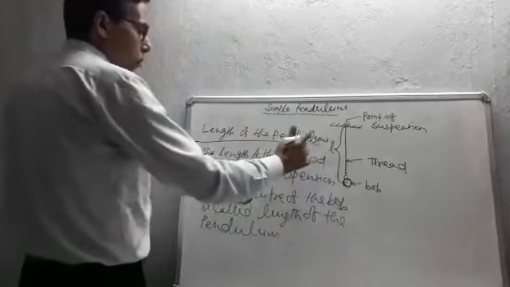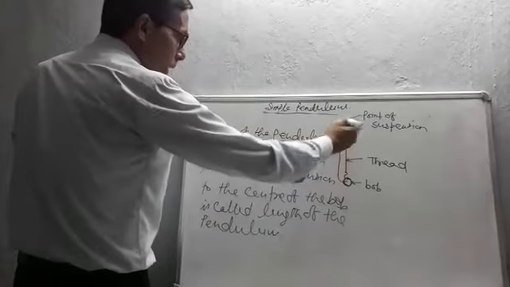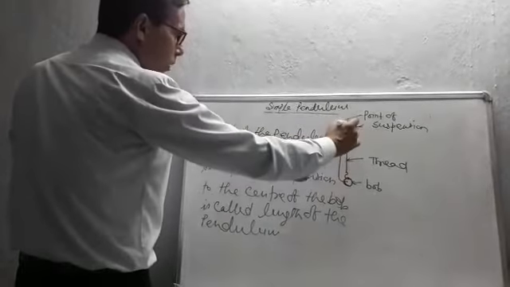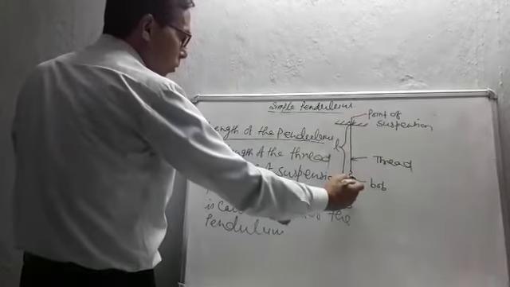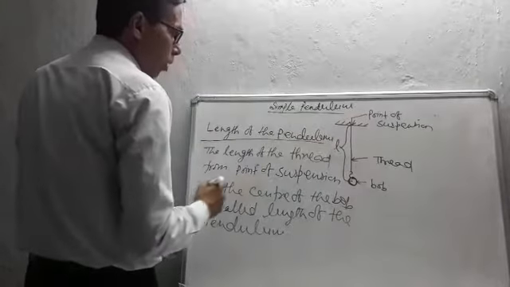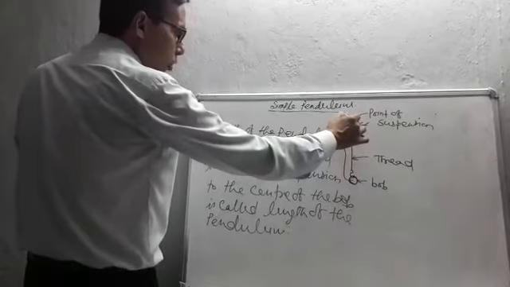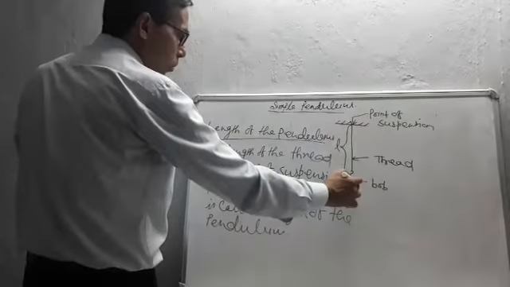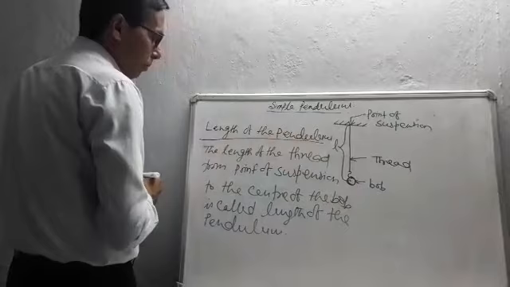Now the length of the pendulum, that is the distance between the point of suspension and the center of the bob, is called the length of the pendulum, or the length of the thread.